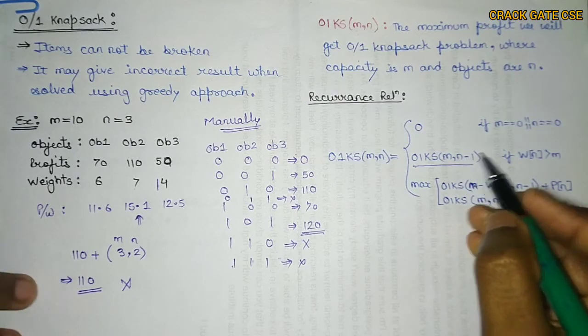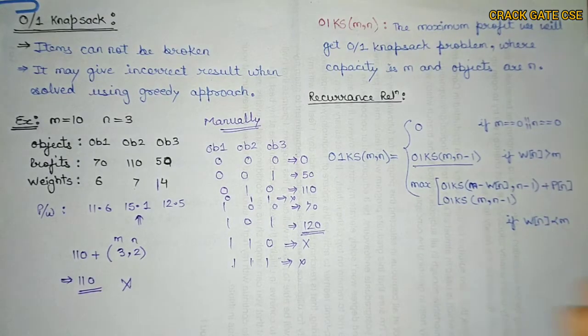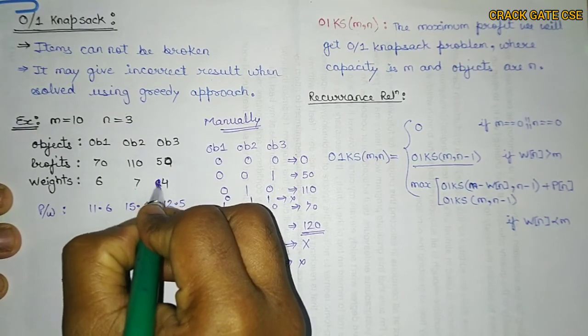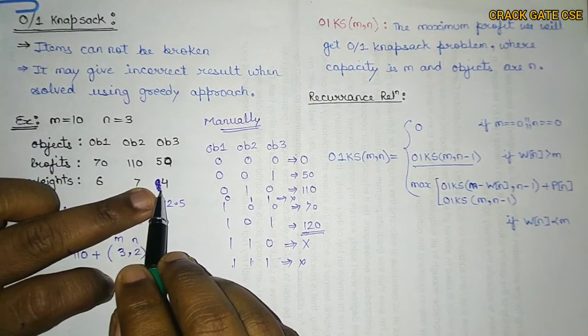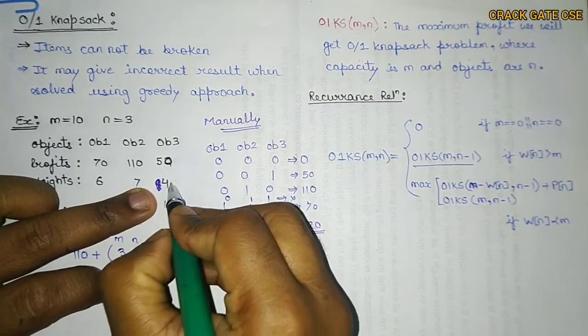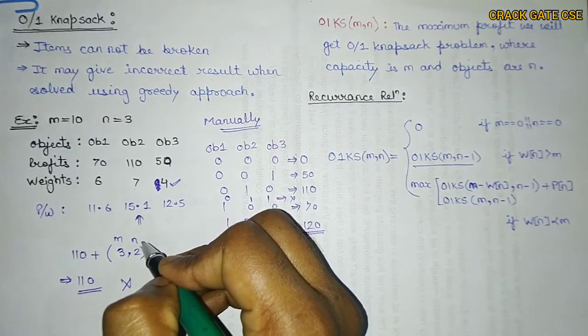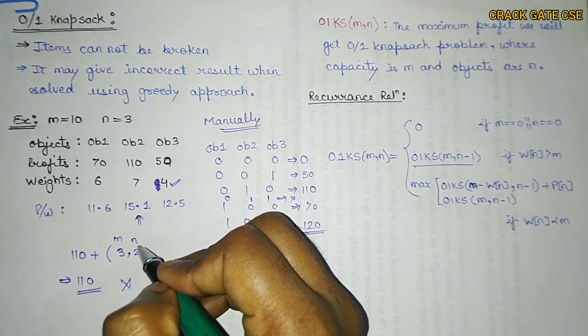Now the next thing is if the weight of that particular object is less than m. If it fits, I can take it, so it is allowed. But in 0/1 knapsack we have to find all the possible solutions.